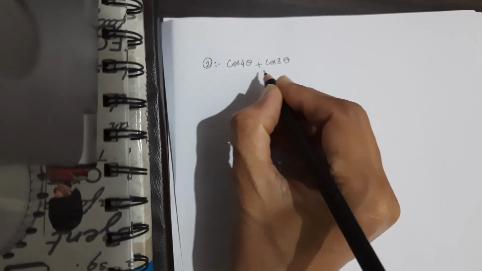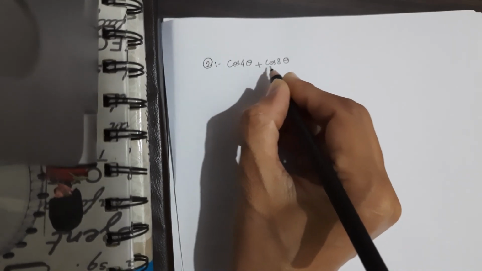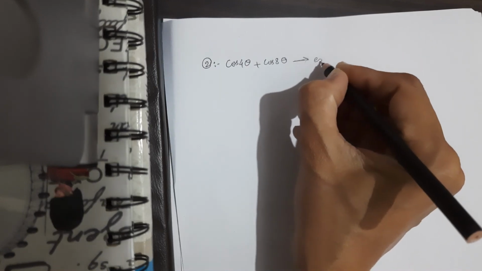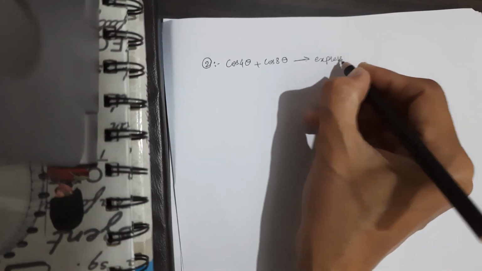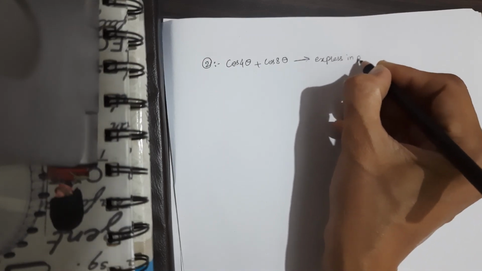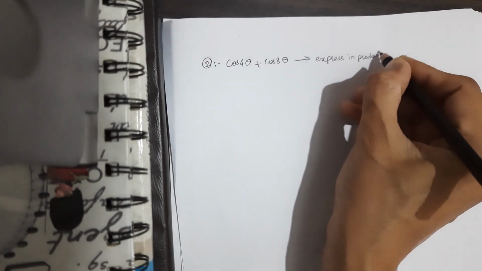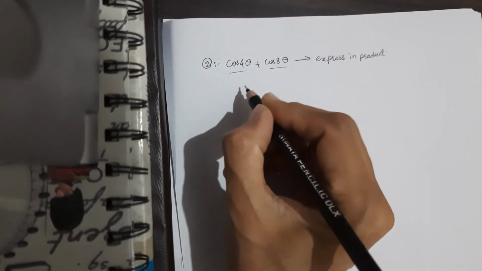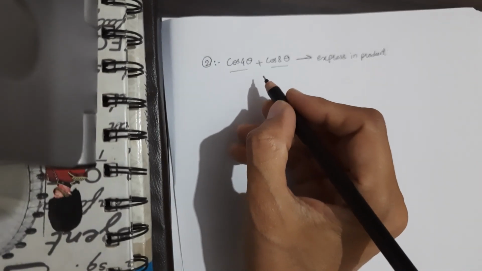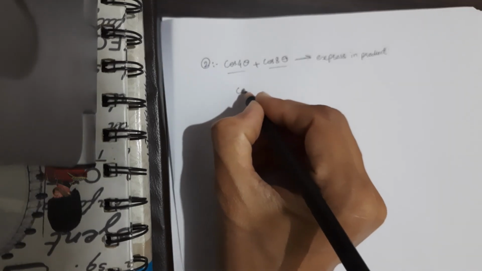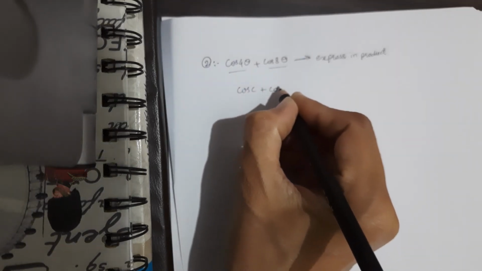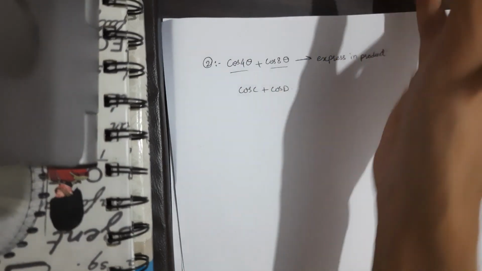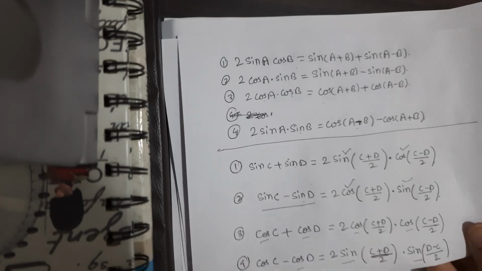The example I already wrote here is cos 4 theta plus cos 8 theta, and I want to express it in product form. So the formula I can use is cos C plus cos D. From the list of formulas, I'll search for this.